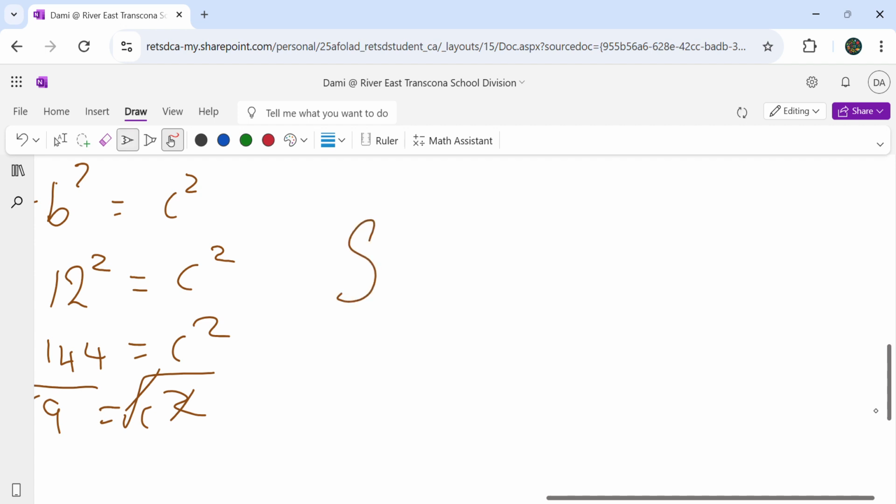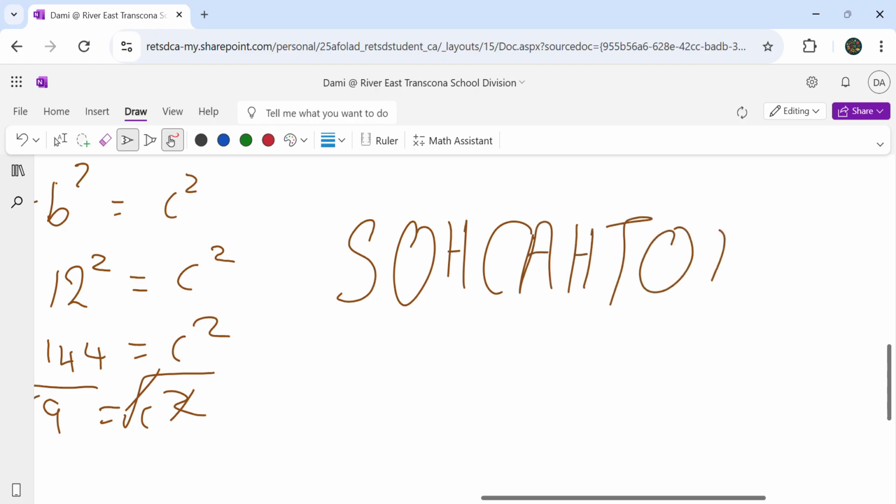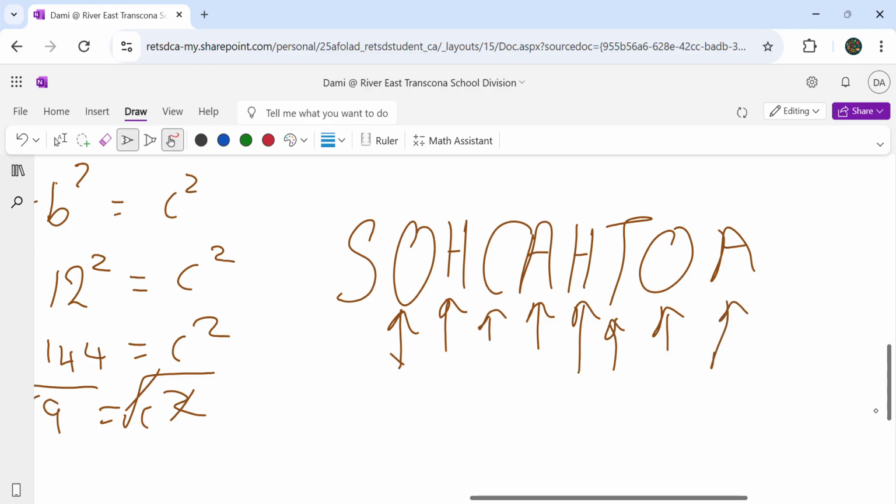For sine, we have SOH CAH TOA. That's opposite over hypotenuse, adjacent over hypotenuse, opposite over adjacent, tan, cos, and sine, and this really comes in handy, knowing which one is opposite, which one is adjacent, which one is hypotenuse. And we can even go further into learning sine and cosine.